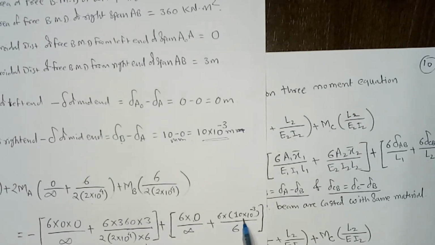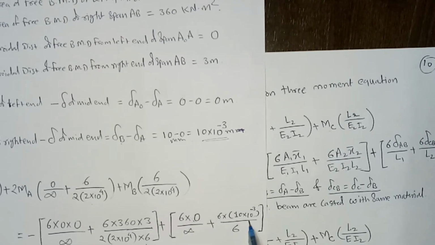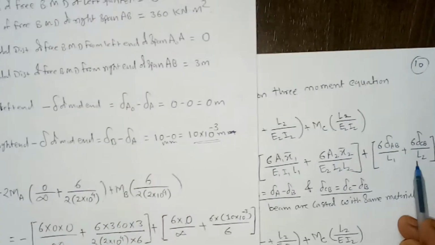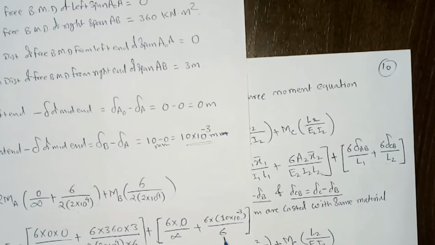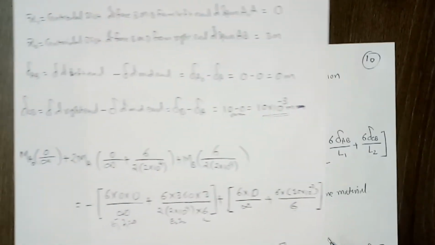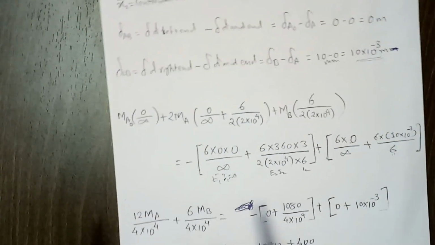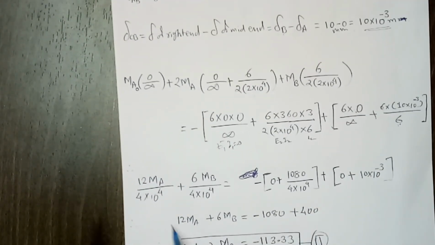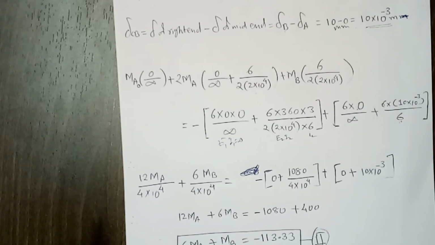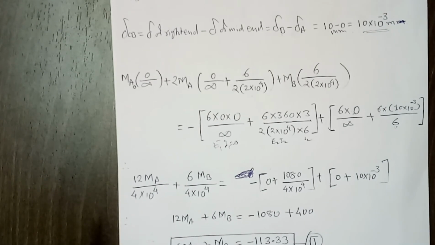So 6 into 10 raised to 3, 10 raised to minus 3, by L2 by L2, so L2 is 6 meter, so we are substituting it here. Then after that you just simplify this, and easily you will get one equation, that is 6 M_A plus M_B is equal to minus 113.33. So this is my second equation.